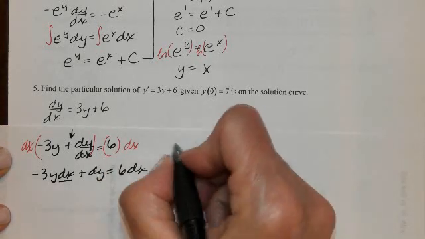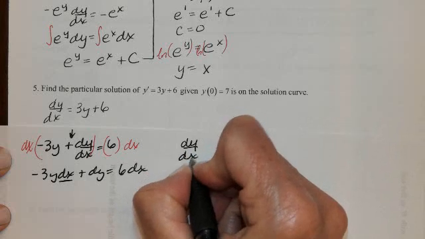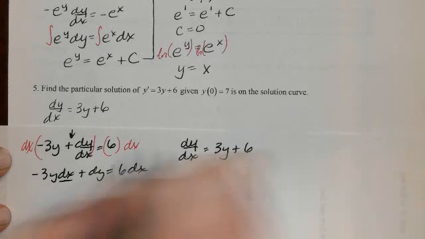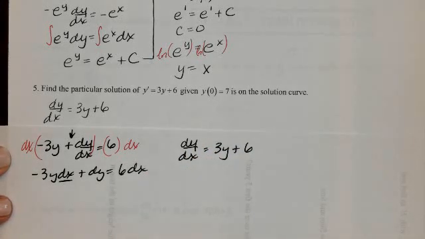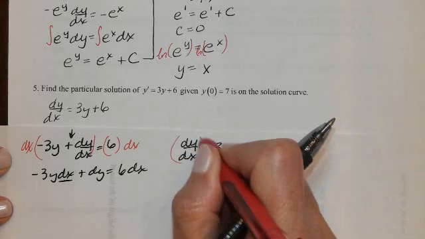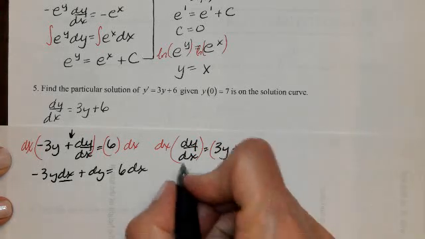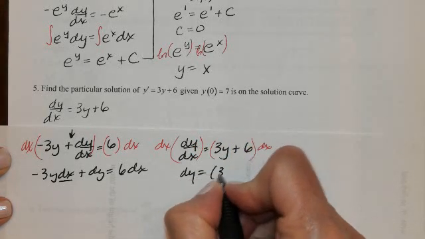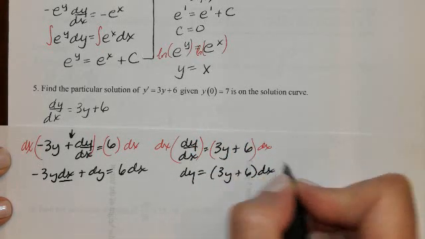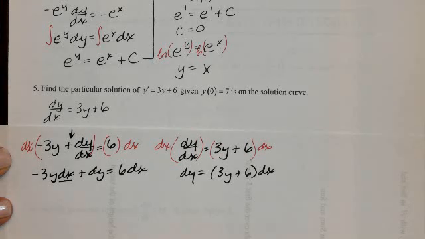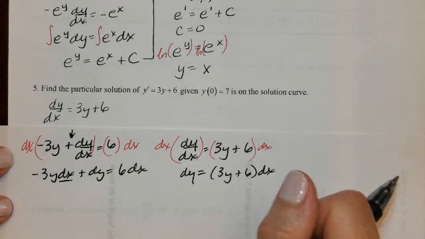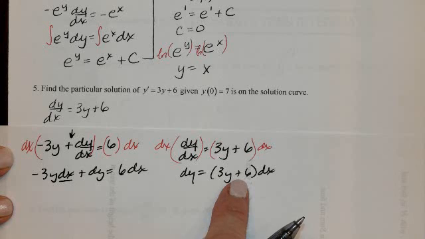So let's go back to our original problem here. And again, ask yourself, what do you do here? How do you get a function of y times dy is equal to just dx? Well, I'm going to begin by multiplying both sides by dx. So multiply both sides by dx. Now what? We have a choice.